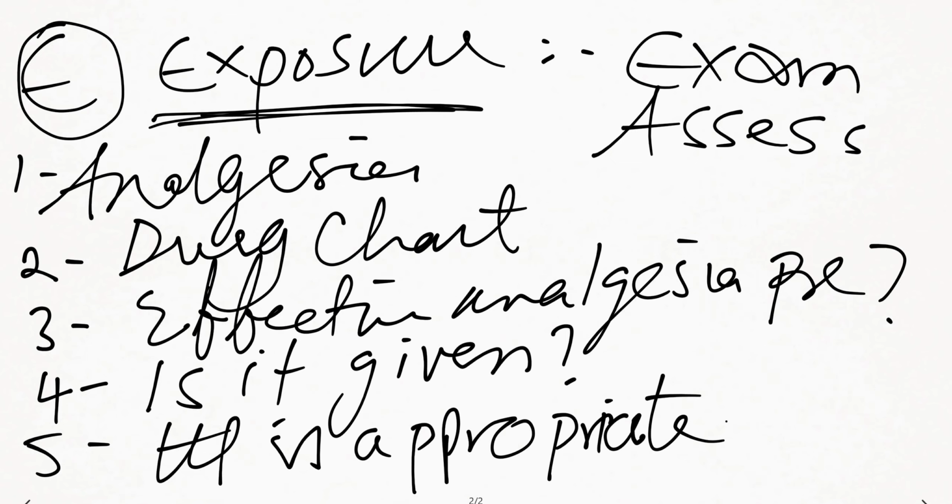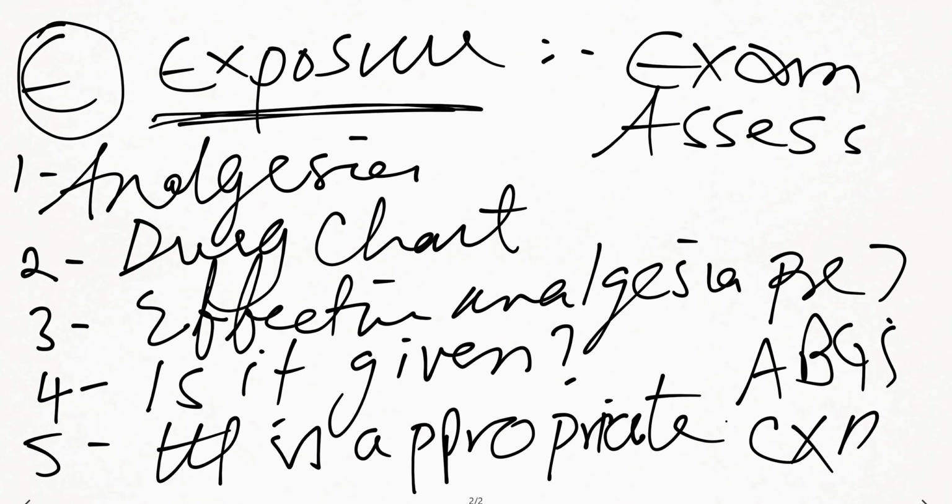According to that, you are taking history, you are doing systemic examination. You can go to your investigations. You can do ABGs. You can do a chest X-ray, no problem. But first of all, in exposure, and please focus on this, you want to know if the analgesia or pain relief is contributing to the patient's situation.